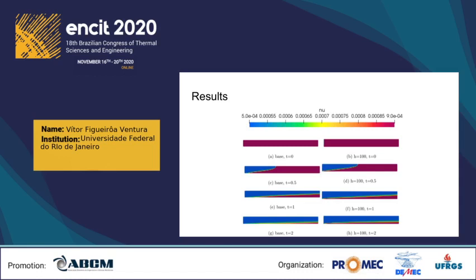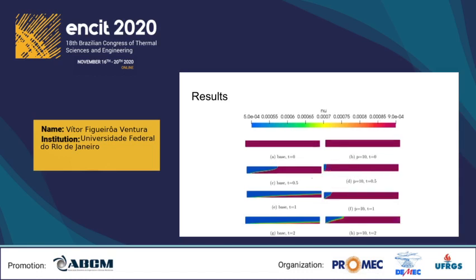The base case has a lower heat transfer coefficient. We can see that the two simulations are similar, but looking at the last time that was presented, we can see that for a lower heat transfer coefficient, the region of high viscosity got much thinner, much closer to the wall.